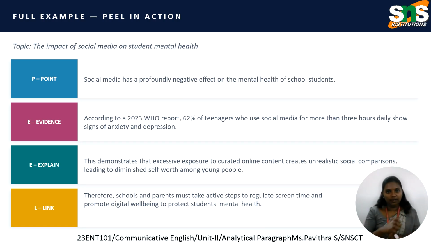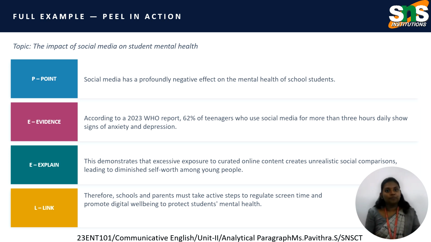Let's put it all together with a complete example on the topic: the impact of social media on student mental health. The point is, social media has a profoundly negative effect on the mental health of school students. The evidence is, according to a 2023 WHO report, 62% of teenagers who use social media for more than 3 hours daily show signs of anxiety and depression.